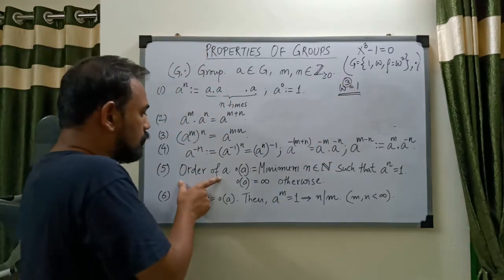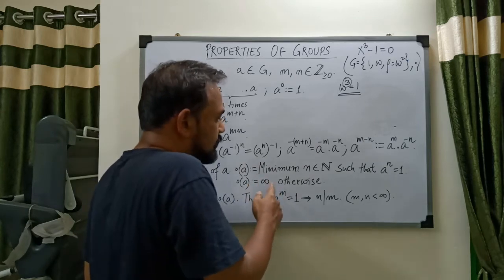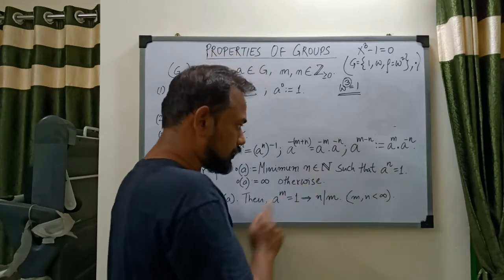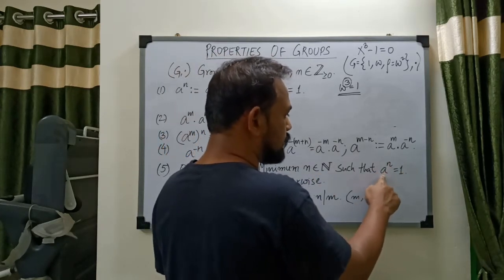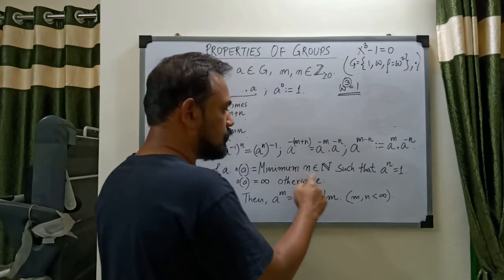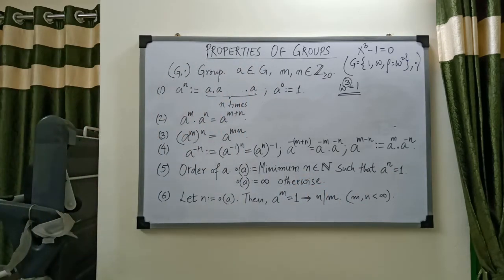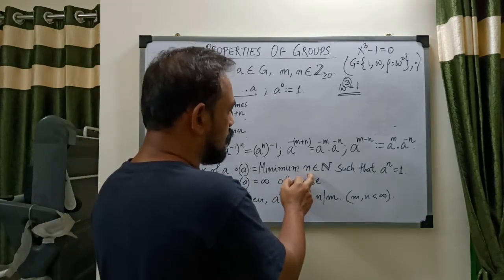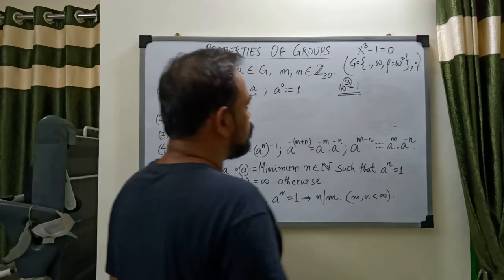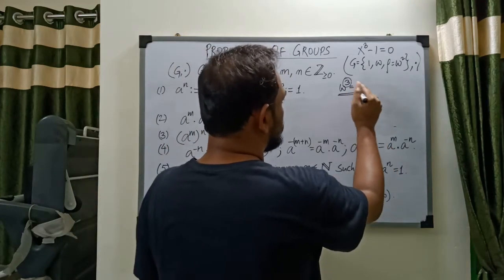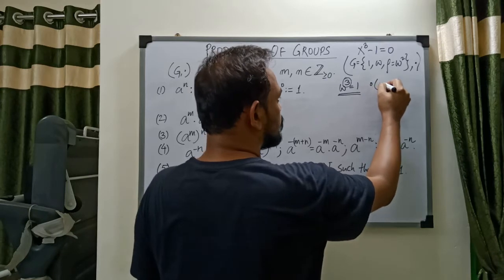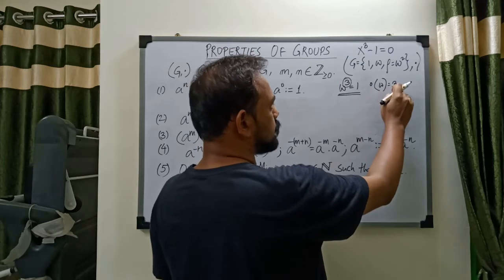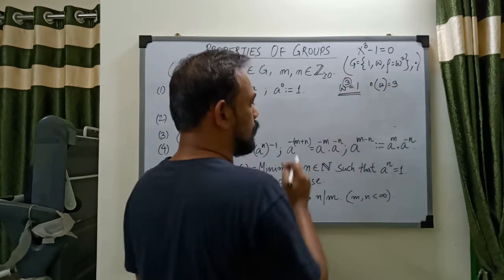Okay, so order of an element A would be defined as the minimum natural number, minimum positive integer, such that when you raise A to that index, to that n, you get 1. And the important thing to note here is that it should be the minimum possible positive integer. For example, the order of omega is 3, because 3 is the minimum positive integer which gives you this equation.